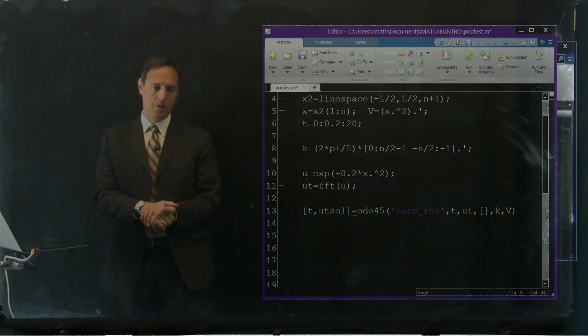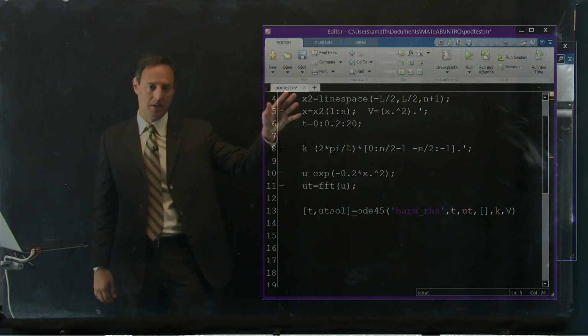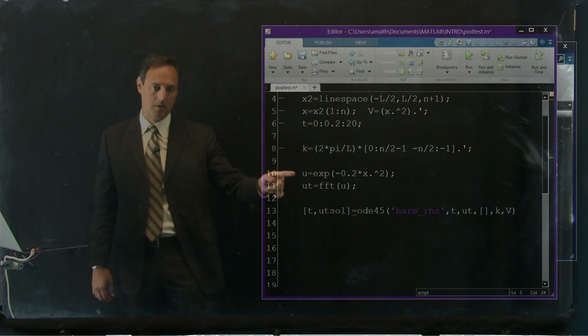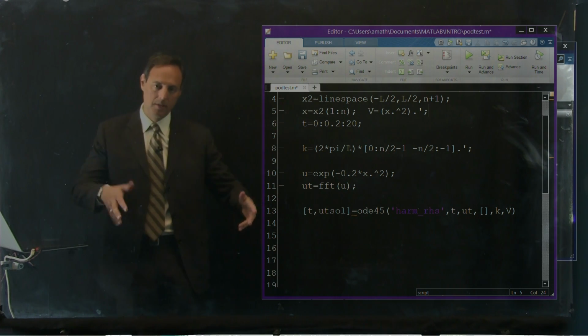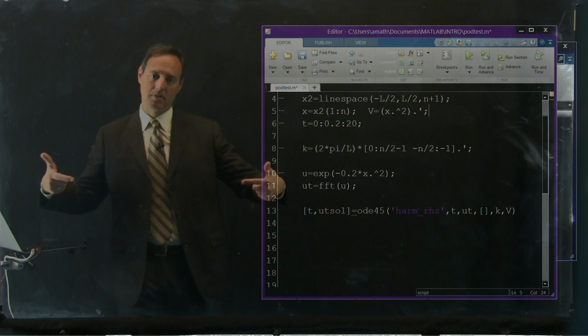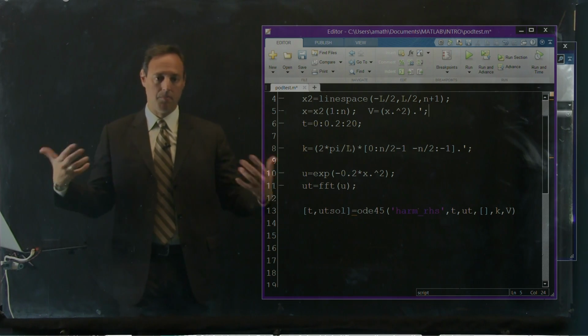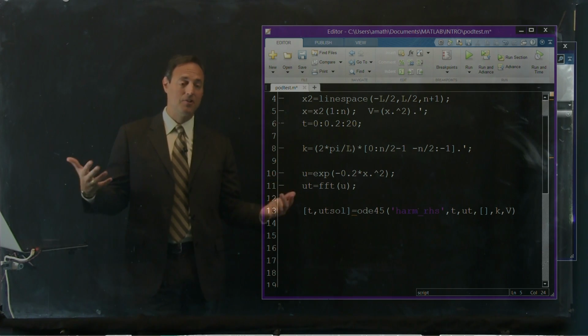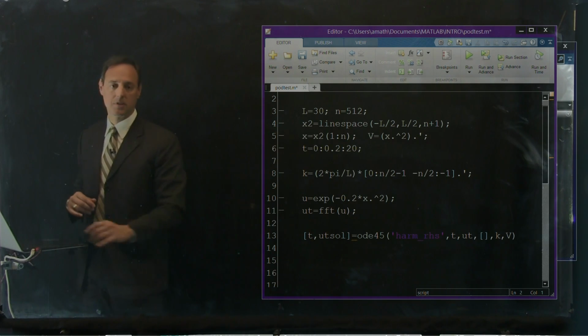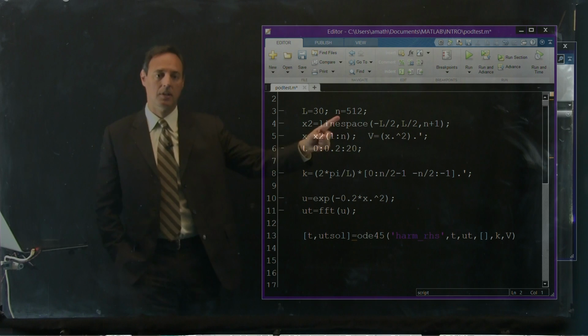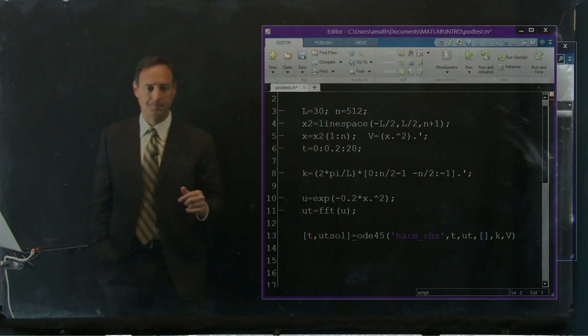Okay? So we've defined our space and time, our wave numbers, our initial condition, and Fourier transformed it, and then we just call this function. Send all that in, let it compute, let it step forward in time, and solve basically a 512 degree of freedom system. Why 512 degree of freedom system? Because that's what I defined. I said, look, there's 512 Fourier modes.